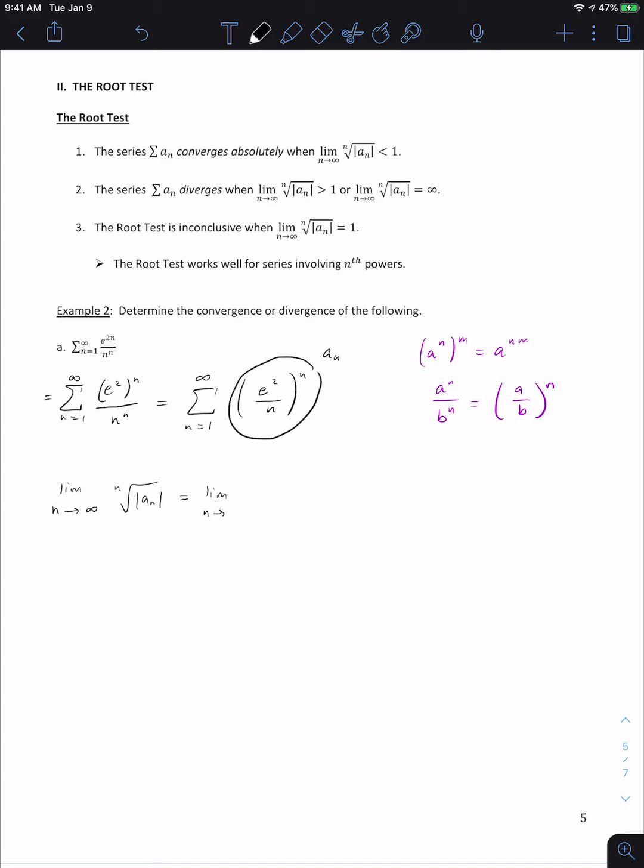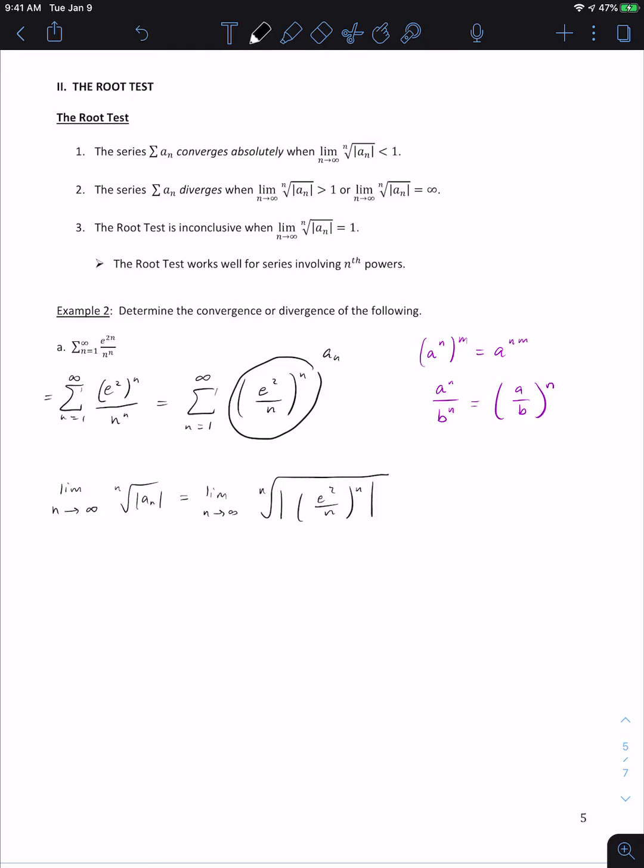So the limit as n goes to infinity of the nth root of the absolute value of a sub n, which we've rewritten as e squared over n to the nth power.